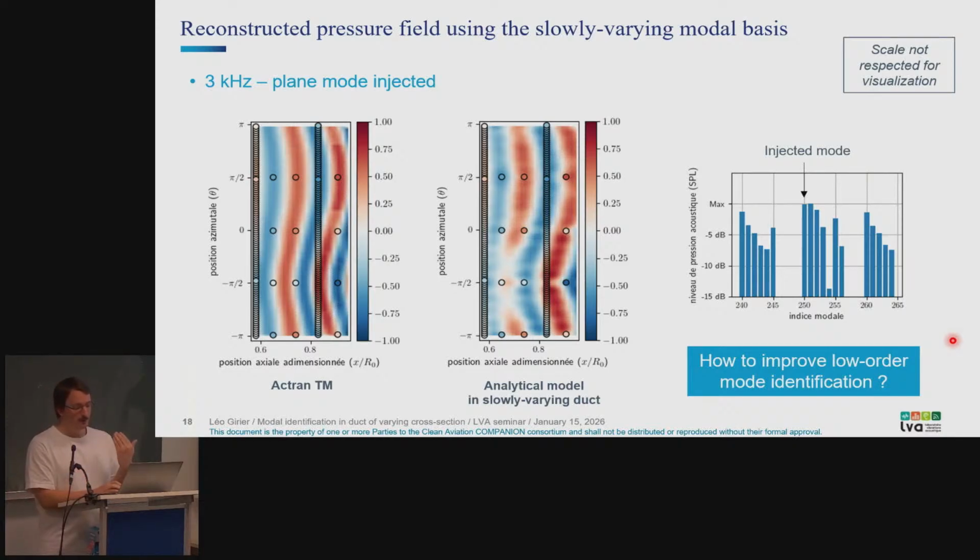So they are more affected by it. So if we don't account for the azimuthal distortion of the mean flow, it will be even worse in this range than for the high-order modes that are less affected by this phenomenon.